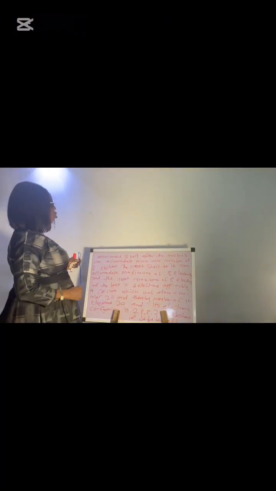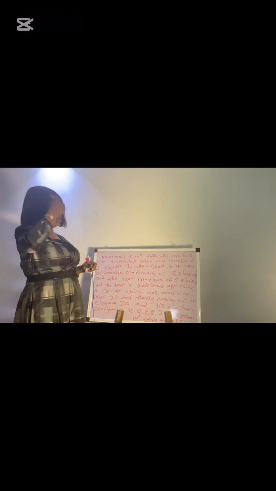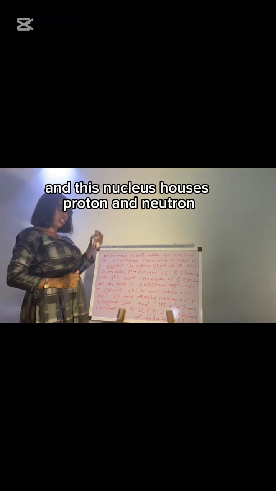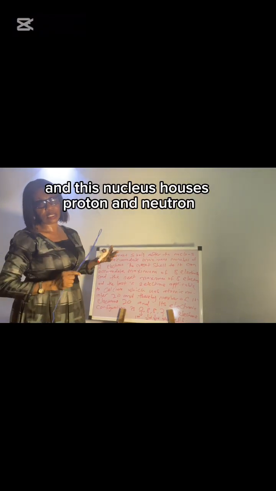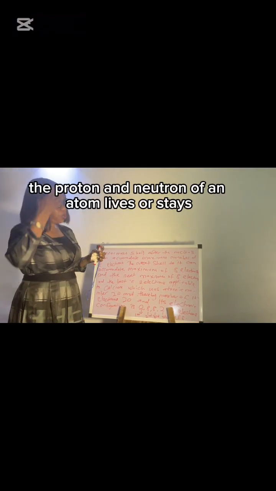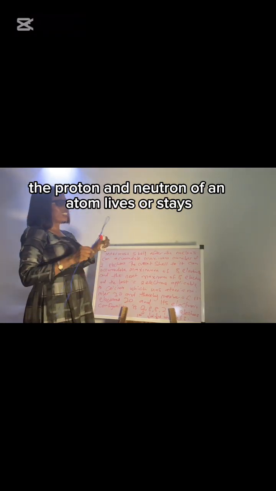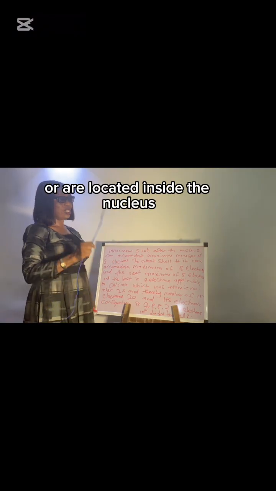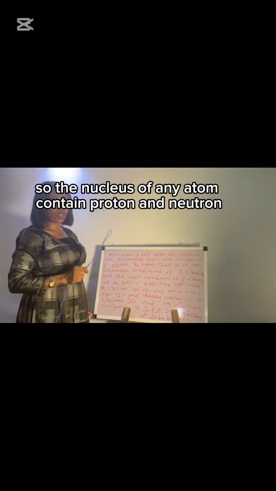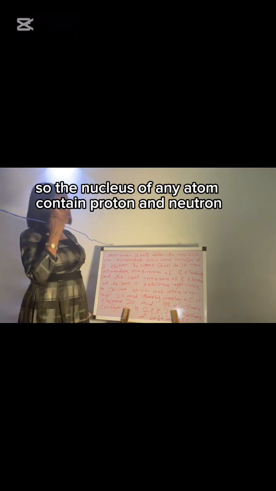Like I was saying, an atom normally contains a nucleus in the middle, and this nucleus houses proton and neutron. The proton and neutron of an atom are located inside the nucleus. So the nucleus of any atom contains proton and neutron.